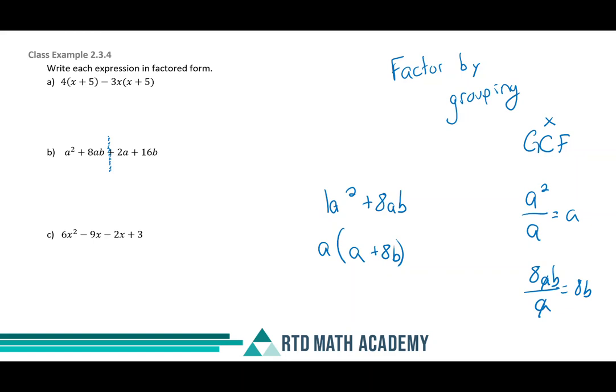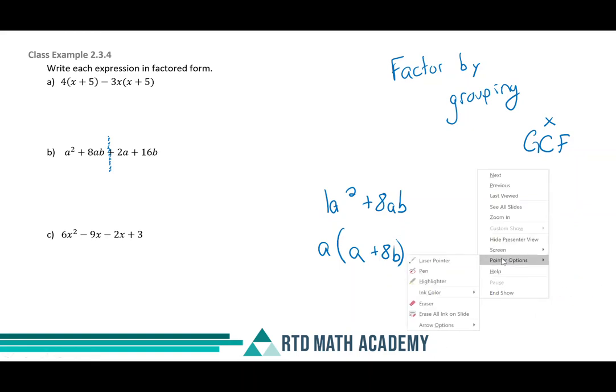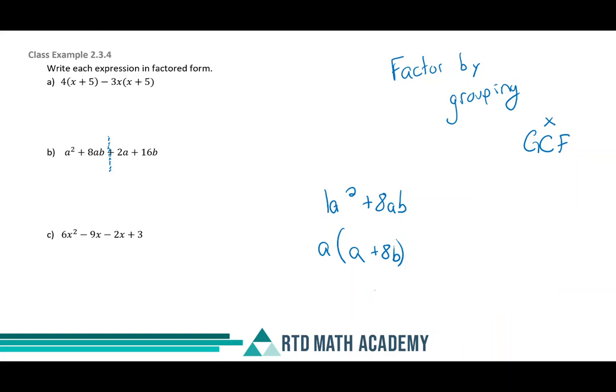Okay, let's try this again, but this time with our second term. I'm actually just going to quickly change this. So now I've got plus, or in other words positive, 2a plus 16b. So let's look at 2a plus 16b. What's common in between those? I can definitely see both are even, so I can take out a 2.